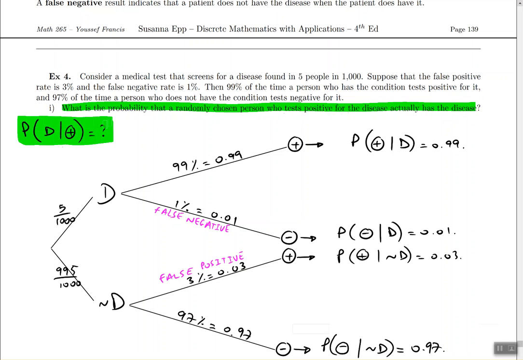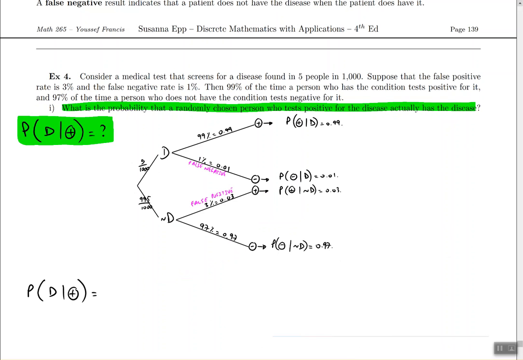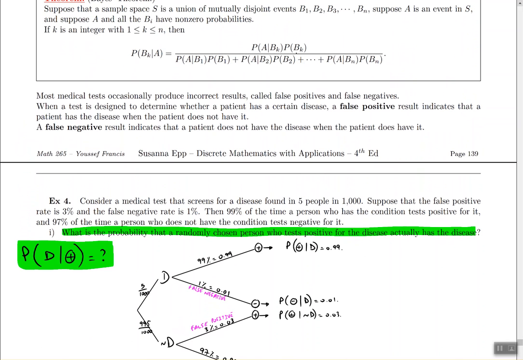So to help me out, and I need the space, I'm going to shrink the tree down a little bit. So the probability of D given plus is basically going to be, according to Bayes' theorem, the following. First, I'm going to flip the plus and the D and multiply by P of D. Then I'm going to divide, just like the theorem tells me to do, by the same exact thing again, plus so on and so forth, where I change the B1 to B2 to B3.